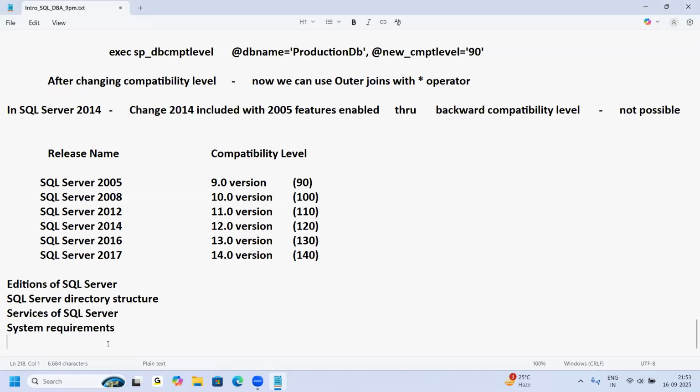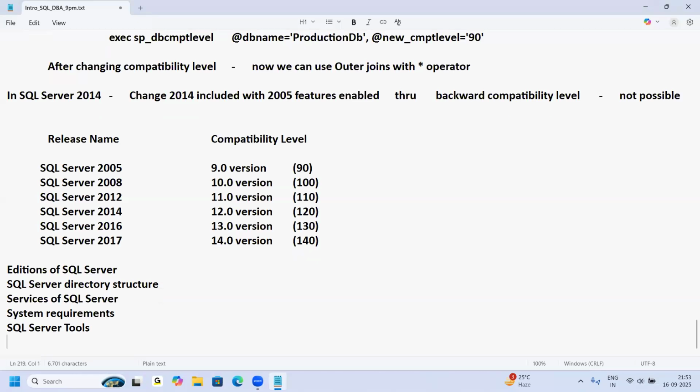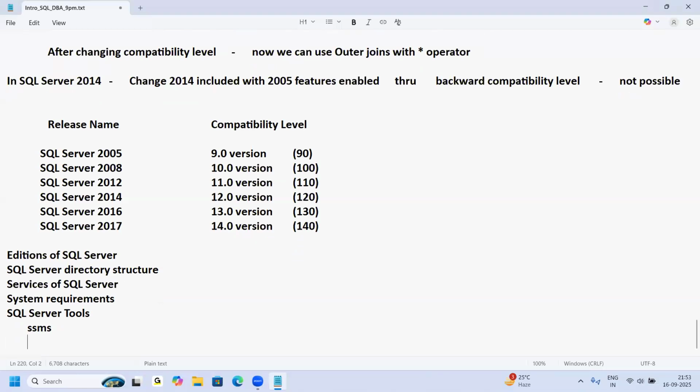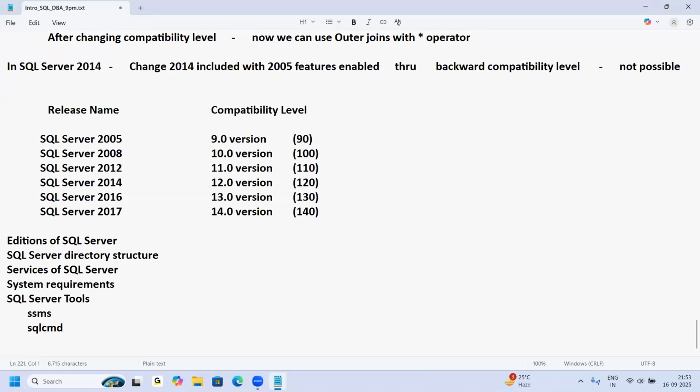After completion of the installation of SQL Server, I'll introduce the SQL Server tools. Here I'll talk about three tools: one, SSMS; second, SQLCMD; third, SQLPS. Three tools, built-in and available with every version of SQL Server.